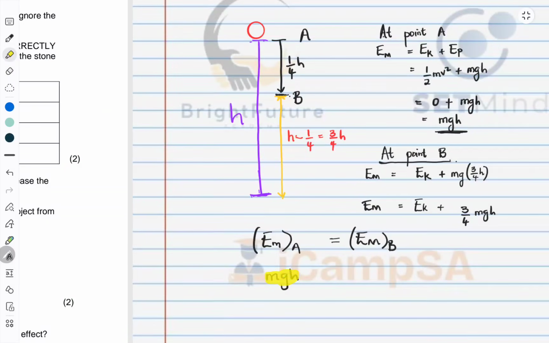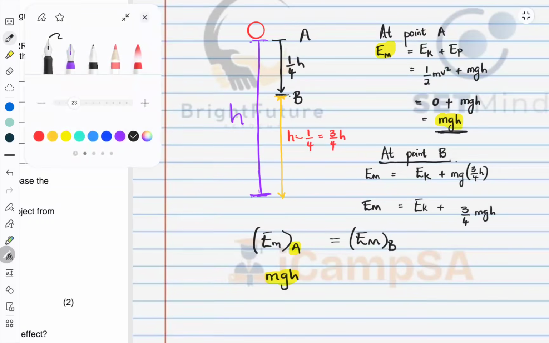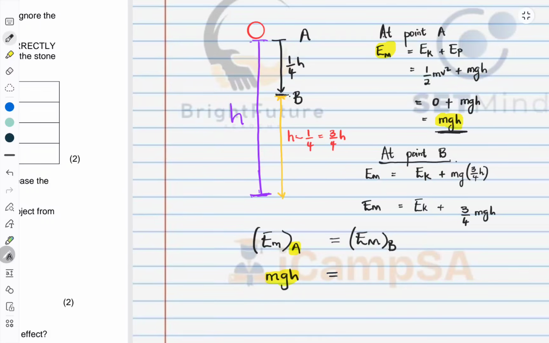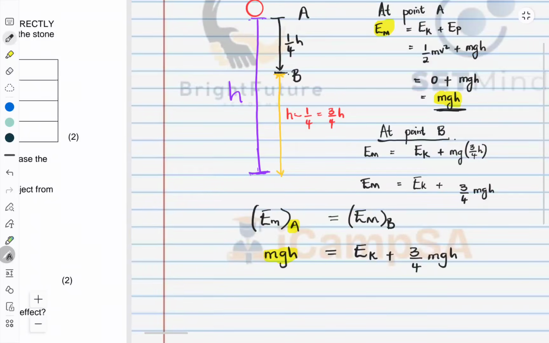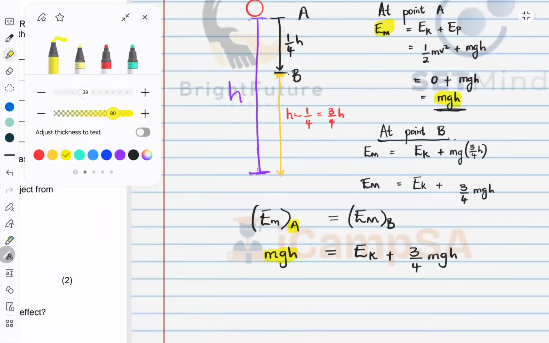That's my mechanical energy at A, and I equate it to my mechanical energy at B, that's EK plus 3/4 mgh. From this equation, I can solve for my kinetic energy, which is one of the things the question wants.